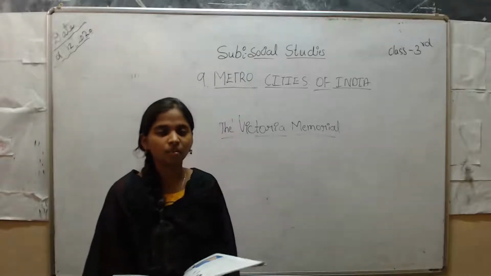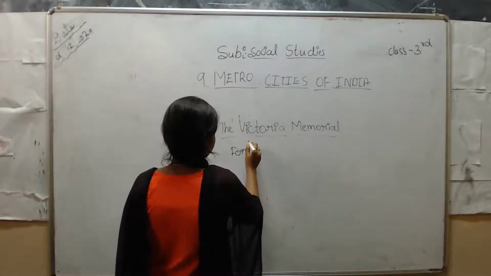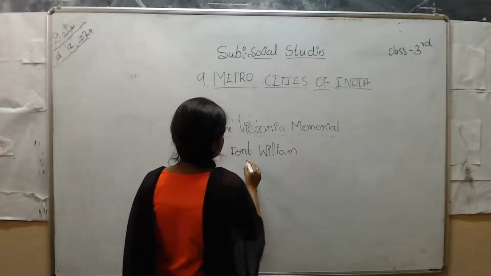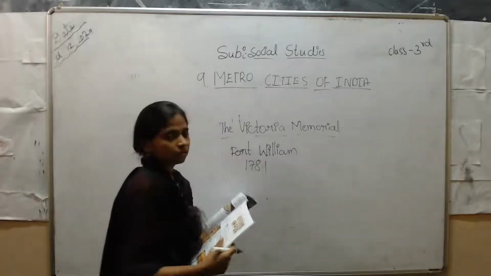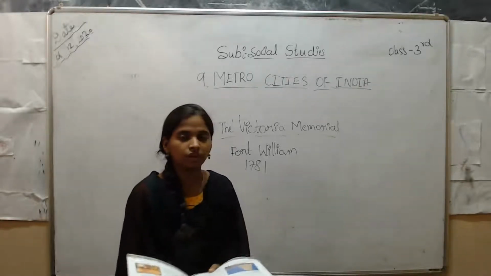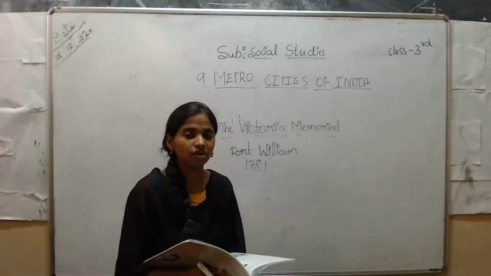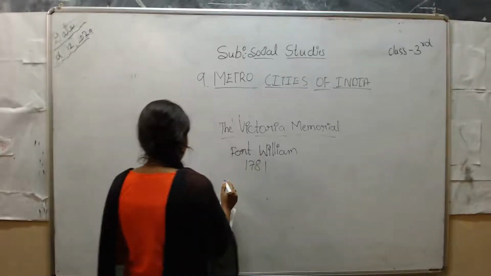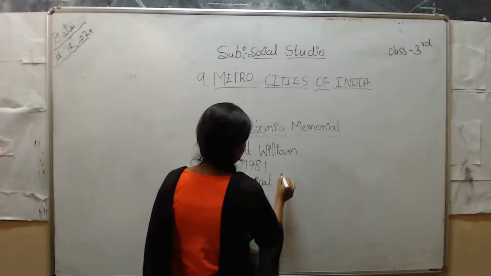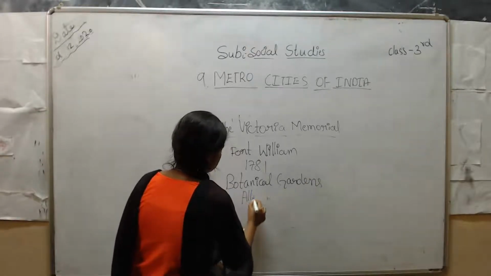We also discussed one more major attraction found here, that is Fort William. It was built by British people in 1781. There are other tourist attractions in this place, those are the botanical gardens and Alipore Zoo.